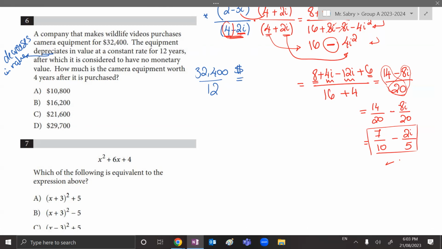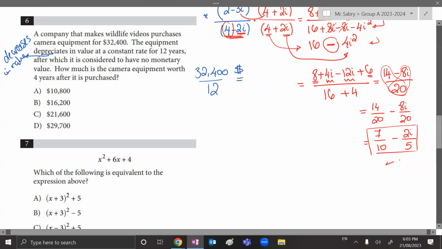Does this make sense? Okay, so on a calculator بقى عشان ننجزها, 32,400 divided by 12, that's 2,700. So it decreases 2,700 per year.